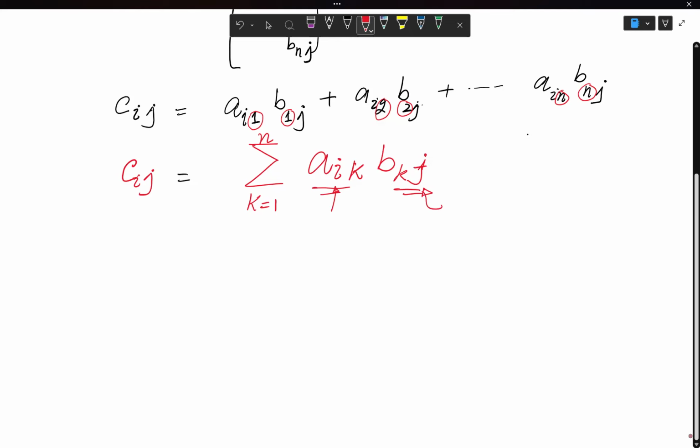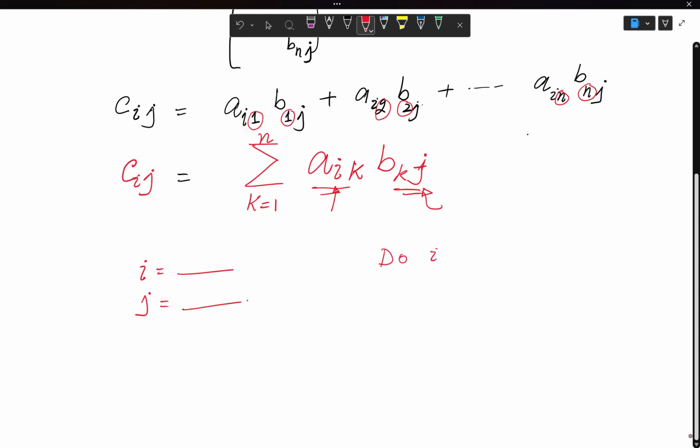So now you can set this one in a program where k every time will vary from 1 to n. So how i is going to vary, and how j is going to vary? You will have in your program three loops. There is going to be a loop on the values of i.